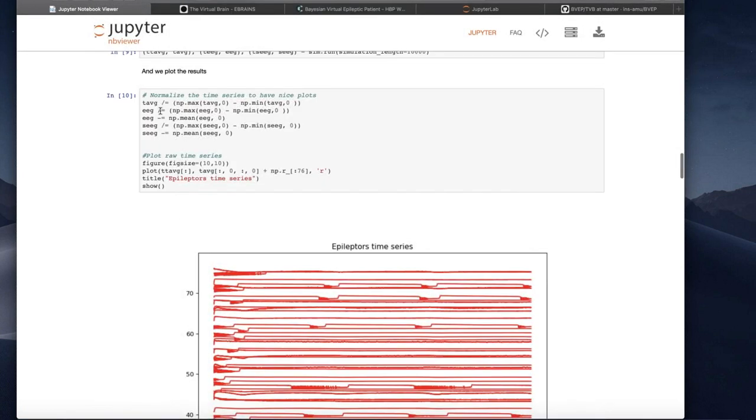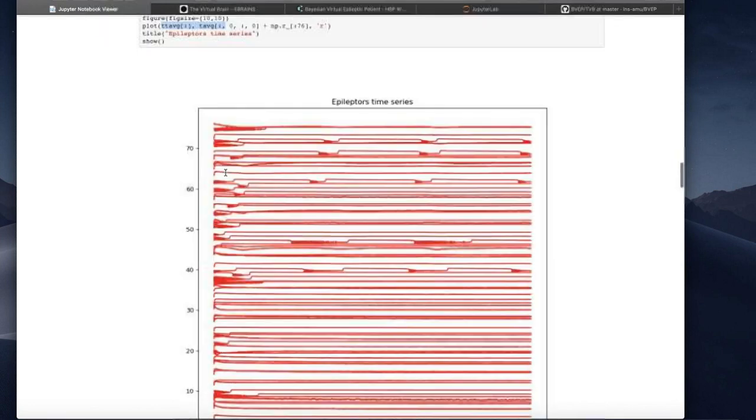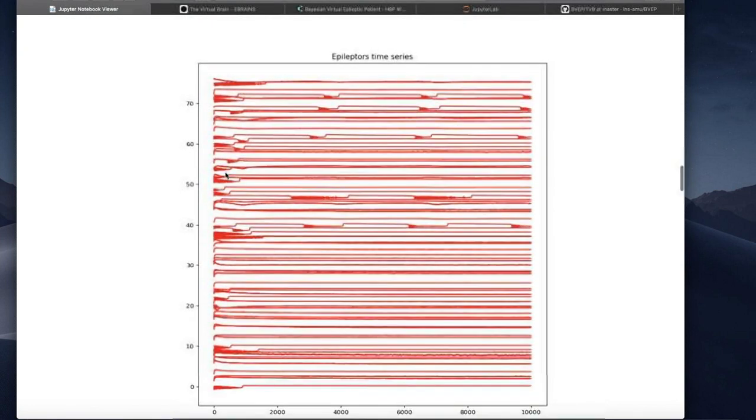So here it's at the source level, so the direct output of the simulator, like local field potentials. And you can see that the majority of the regions are in a healthy state.